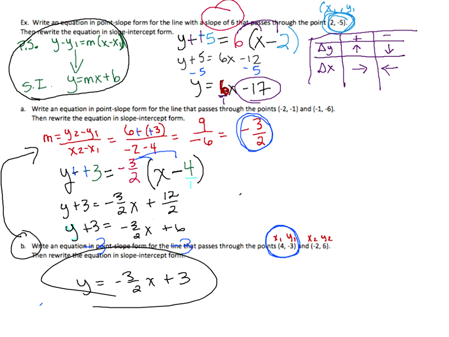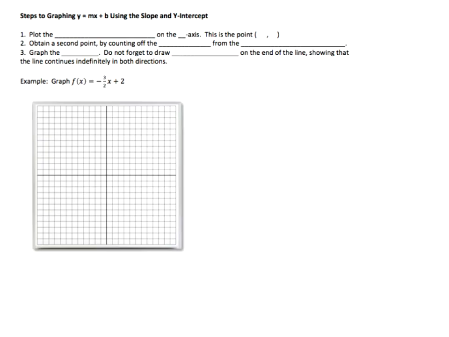All right, moving along. So graphing in slope-intercept form, and I gave you a little bit of a clue when I was talking about it earlier. Slope-intercept form, to me, is the easiest way to graph a line. So your steps. The steps for graphing a line in slope-intercept form.